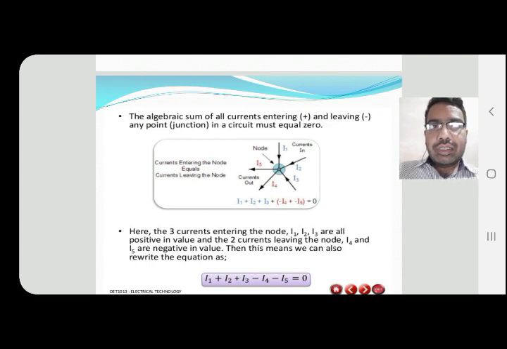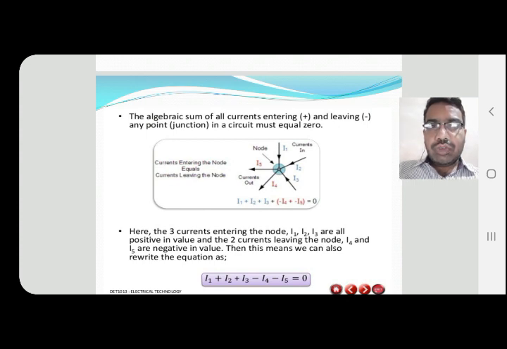Here the three currents entering the node, that is I1, I2 and I3, are all positive in value, and the two currents leaving the node, I4 and I5, are negative in value. This means we can also rewrite the equation as I1 plus I2 plus I3.